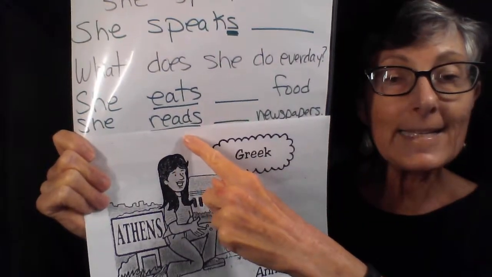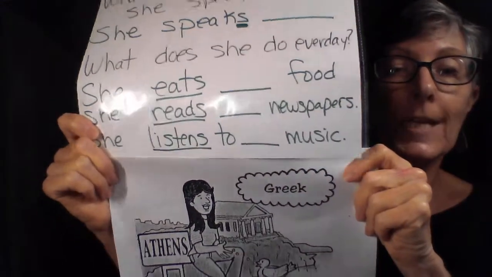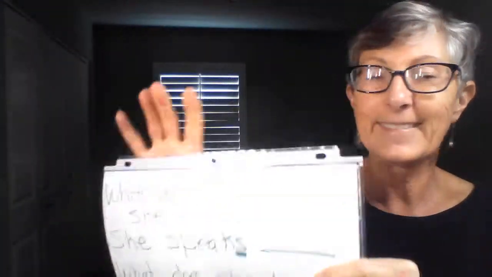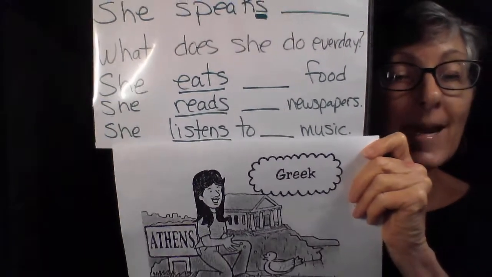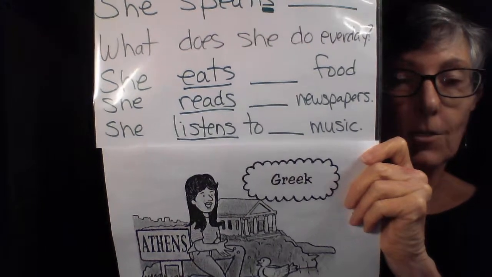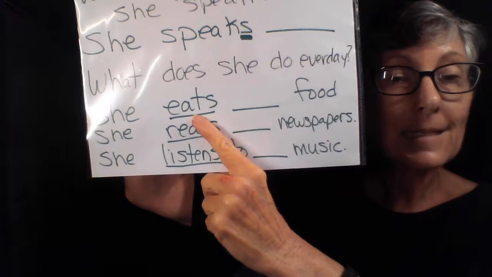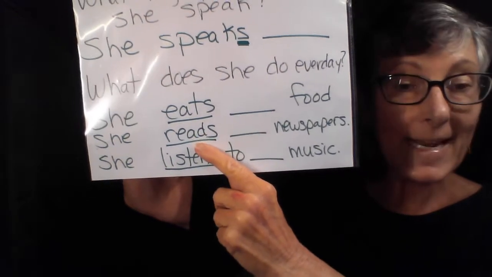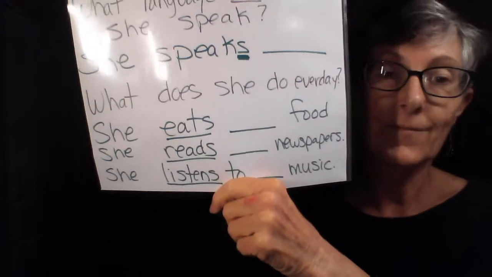She reads Greek newspapers. And she listens to Greek music. So, because it is she: she eats, she reads, she listens.